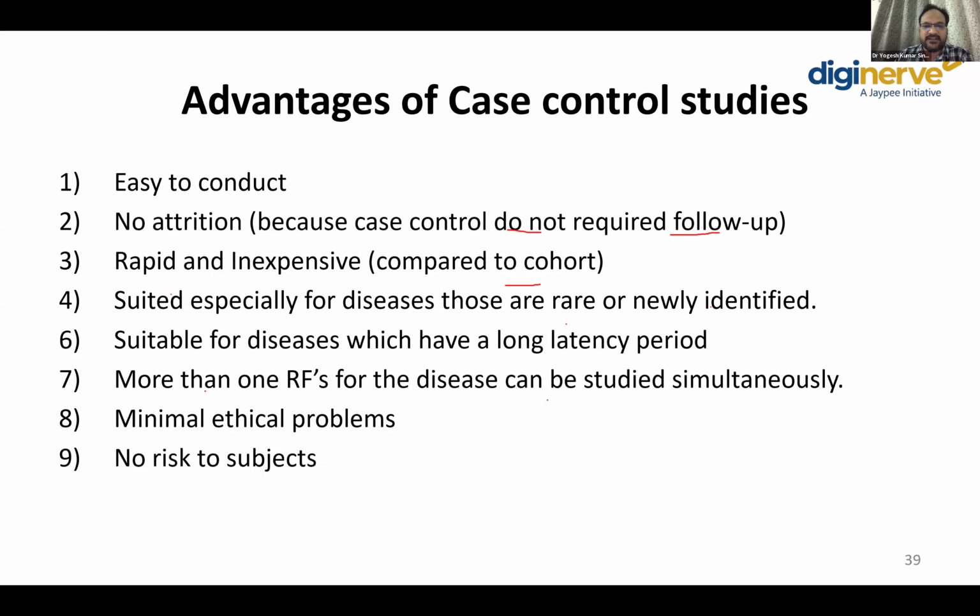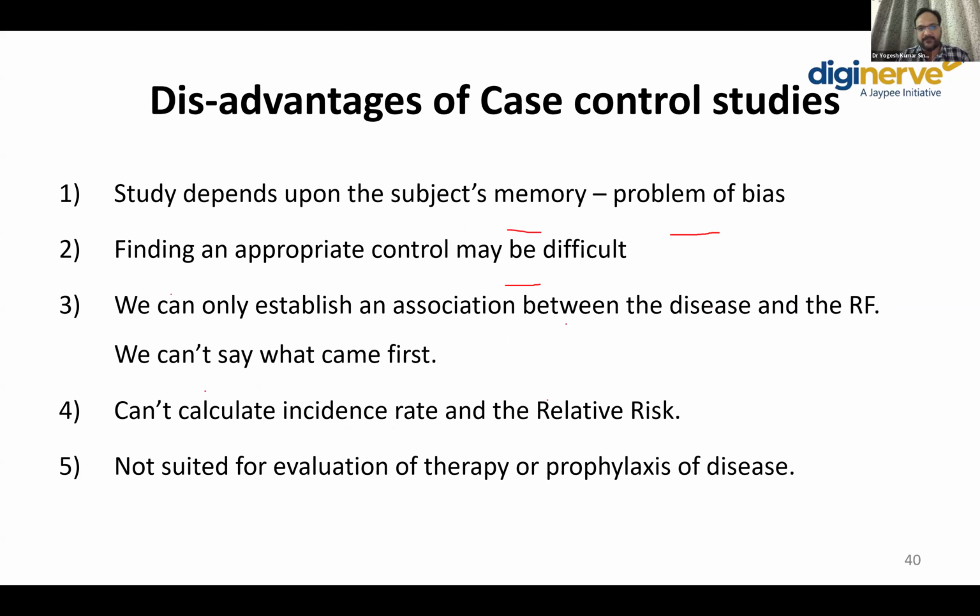Then, when more than one risk factor is available for a disease, case control is better, because in a cohort study we take a group with a single risk factor. Then there are minimal ethical problems, because we are not doing any experiment on the patient, and there is no risk to the subject.